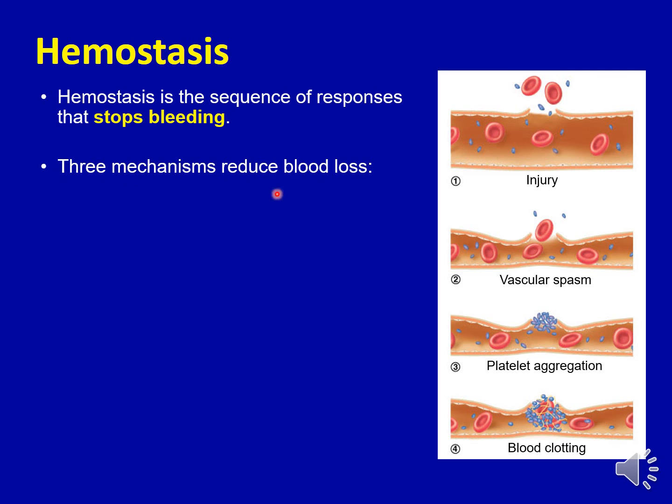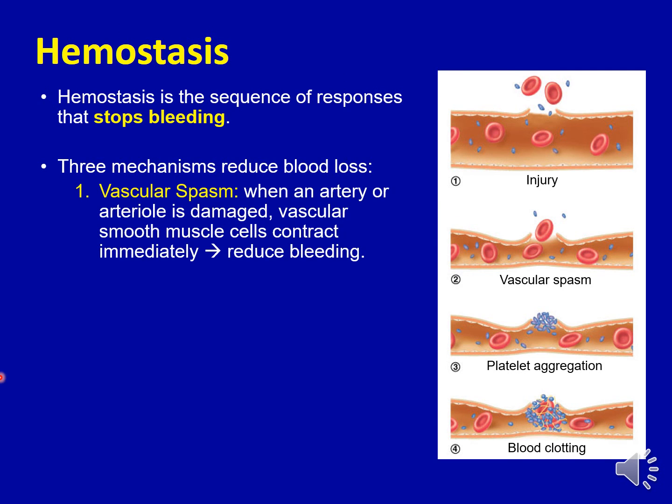These three mechanisms include, number one, the local vascular spasm. Local vascular spasm produces what? Vasoconstriction of the injured blood vessels. After the injury, there is local vascular spasm produced by the contraction of the smooth muscles in the wall of the blood vessel.